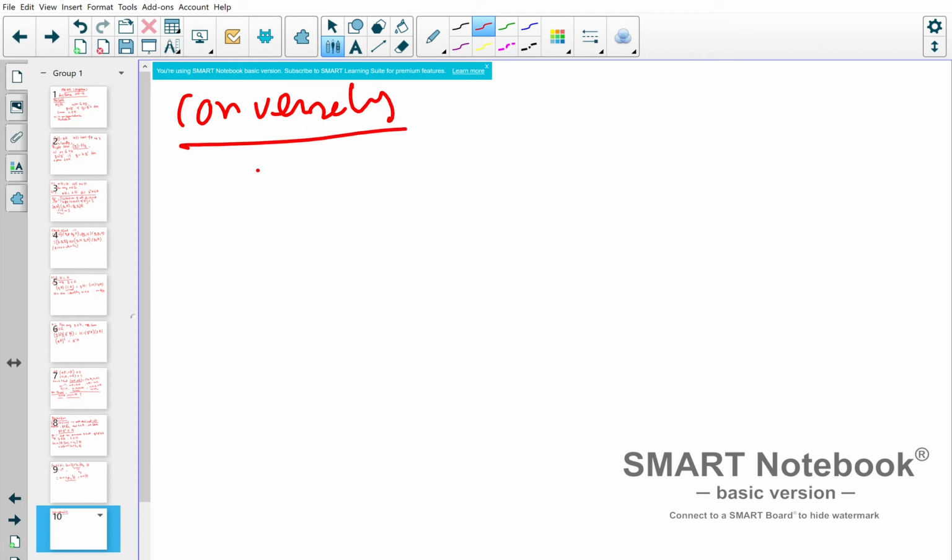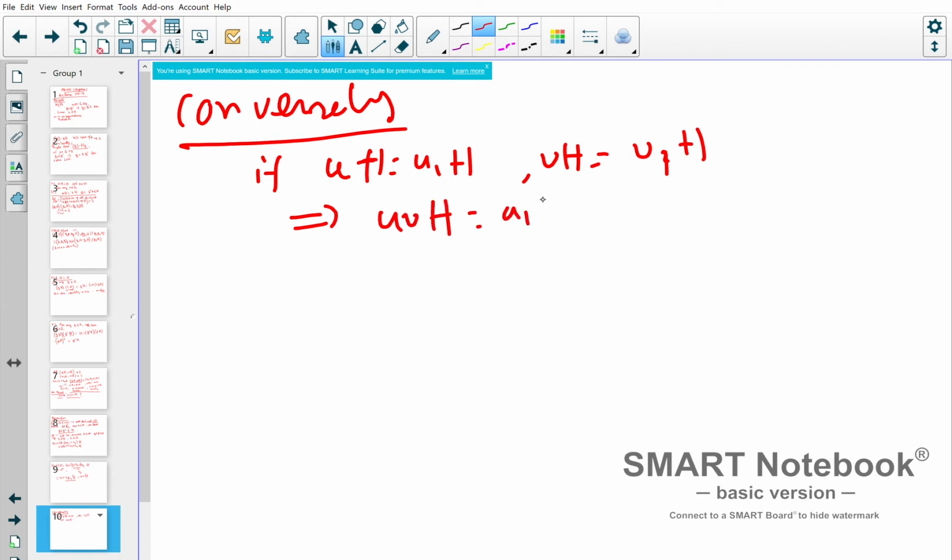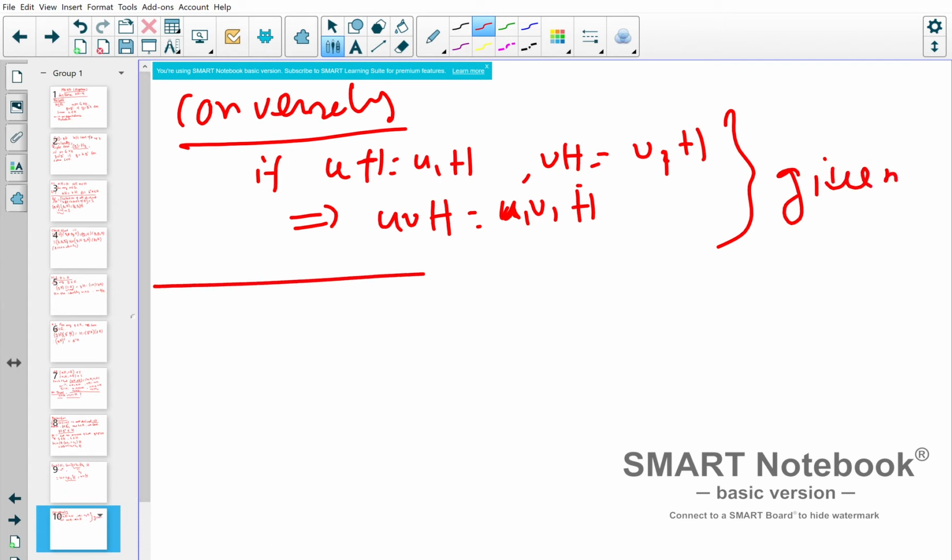Given that if UH equal to U1H and VH equal to V1H, then this implies that UV of H equal to U1 V1 of H. Okay, this is given. This part is given, and now I need to prove that for any G and H, right?